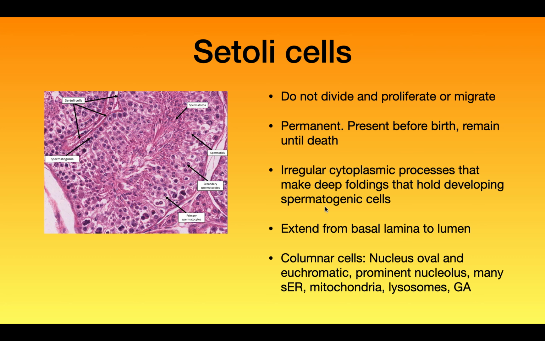They extend quite deep from the basal lamina to the lumen, and they're made out of these columnar cells, and there's an oval nucleus, and the chromatin is going to be euchromatin, so it's not very condensed. And there's a prominent nucleolus and a lot of other organelles. So the Sertoli cells are just right around here.